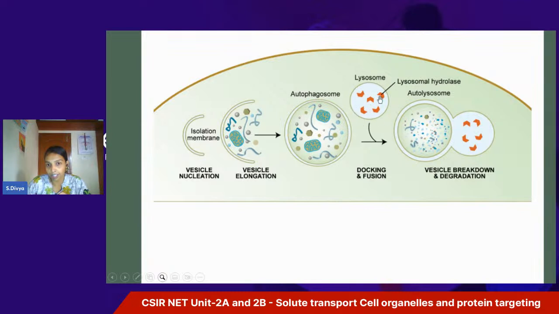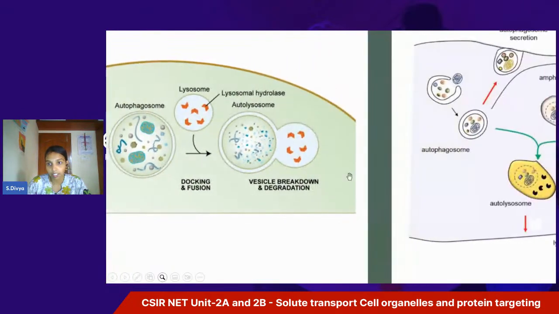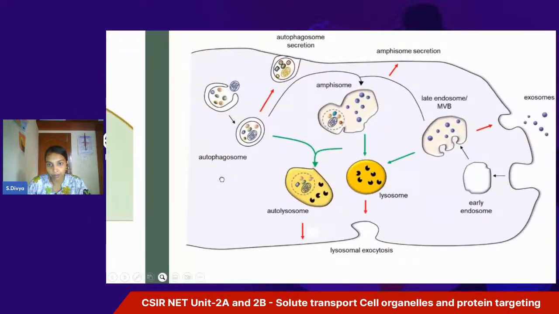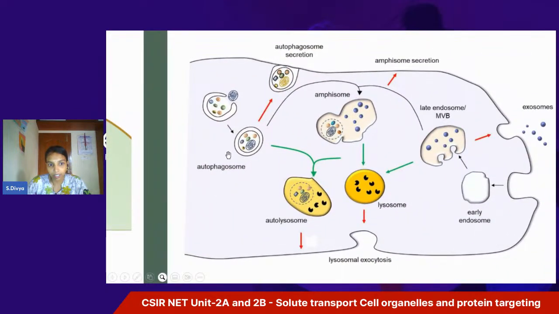Lysosome has hydrolytic enzymes, which are responsible for docking and fusion and finally breakdown of the contents. These are the sequential steps involved in autophagy. Now, if you look into this image, you have an autophagosome structure. Initially, the double membrane which is being donated is called a phagophore. After that, the autophagosome is constructed.